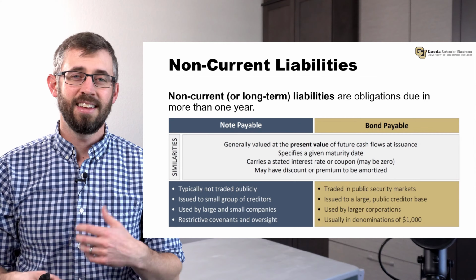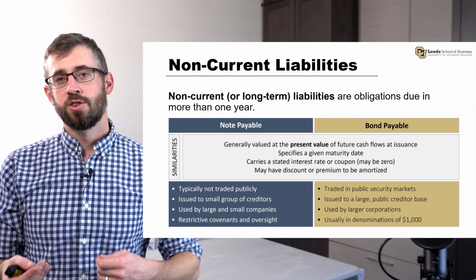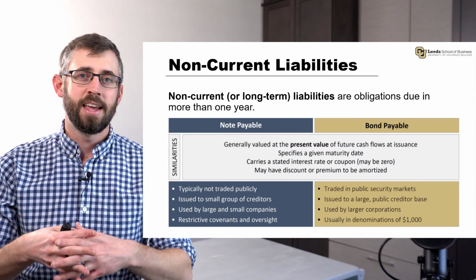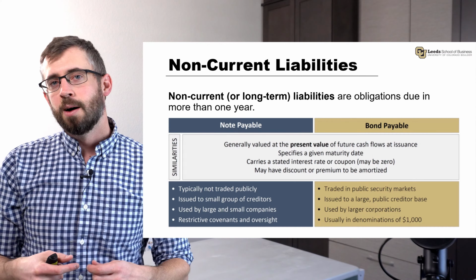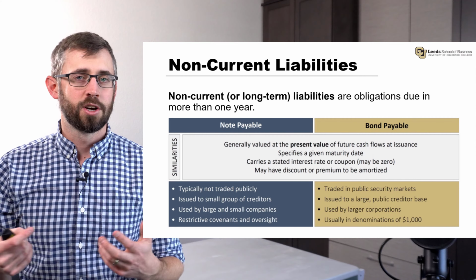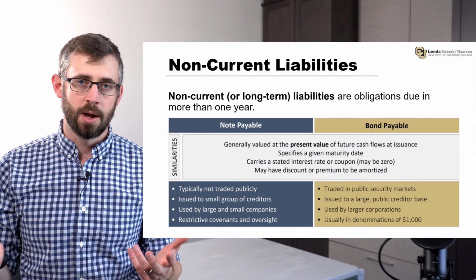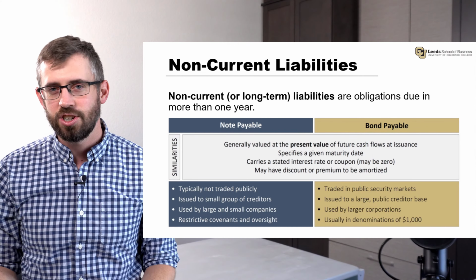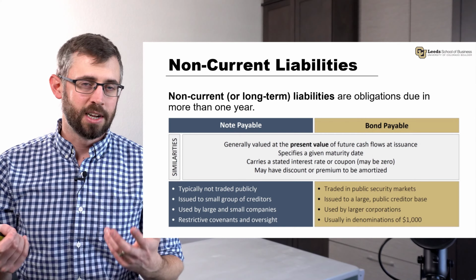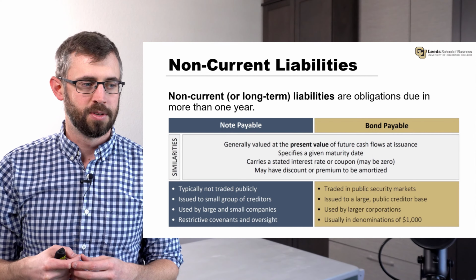Bonds, on the other hand, are publicly issued debt. So you are basically borrowing money from a huge number of people that have chosen to loan you this money. So this usually only works for larger companies that have access to this public debt. It's more expensive to issue, but you can potentially get pretty large sums here.